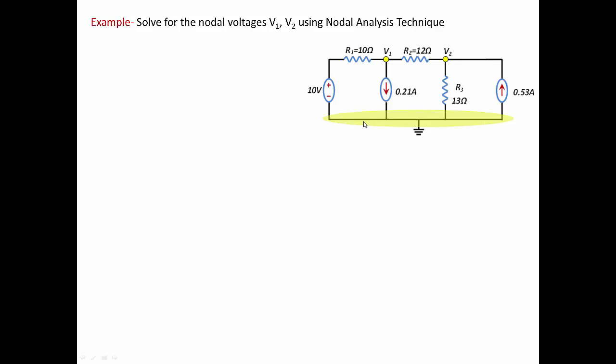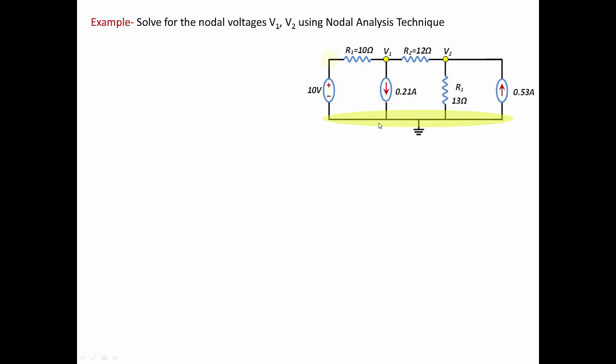Keep in mind that all those short circuits are the same node, because there are no branches or elements connected between them. So this is the first node that we have in the circuit.